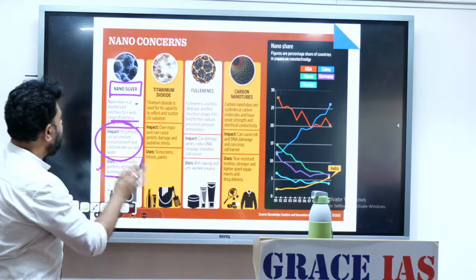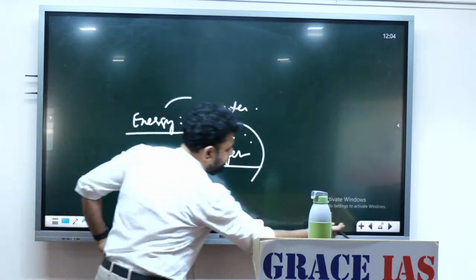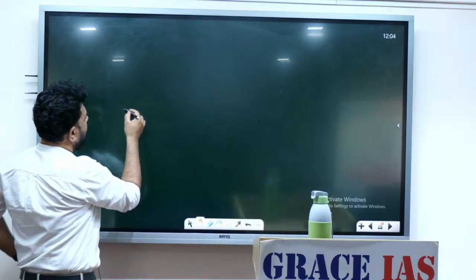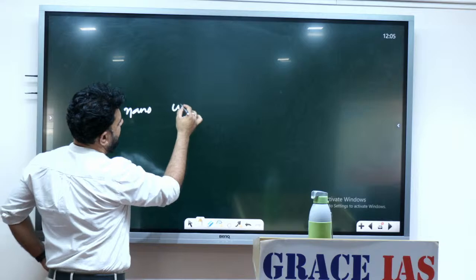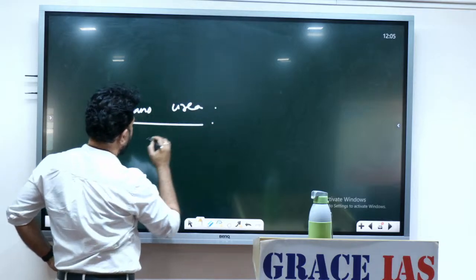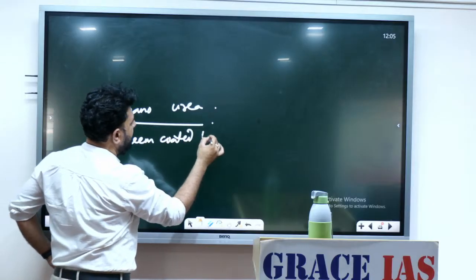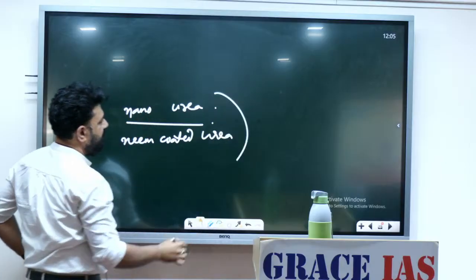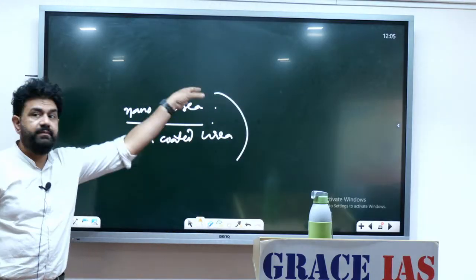Now we apply the same principle to nano urea, and neem coated urea. Both are previous preliminary questions from the UPSC Civil Service preliminary examination.